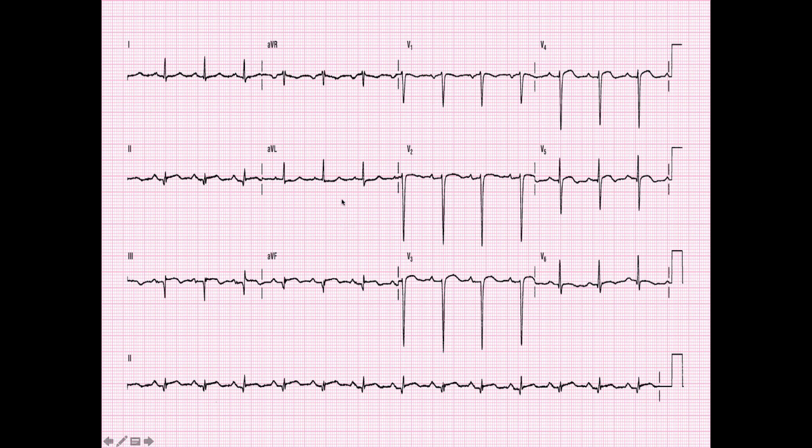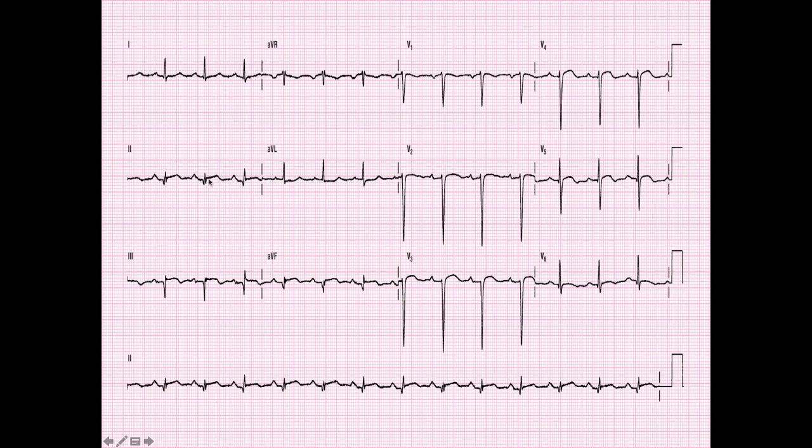And that PR interval, if we measure it out, it's a little bit long. It's going to be greater than 0.20 seconds, but okay, so we got something going on. Is it consistent? So is it the same for every beat? And then is there a P wave for every single QRS complex?